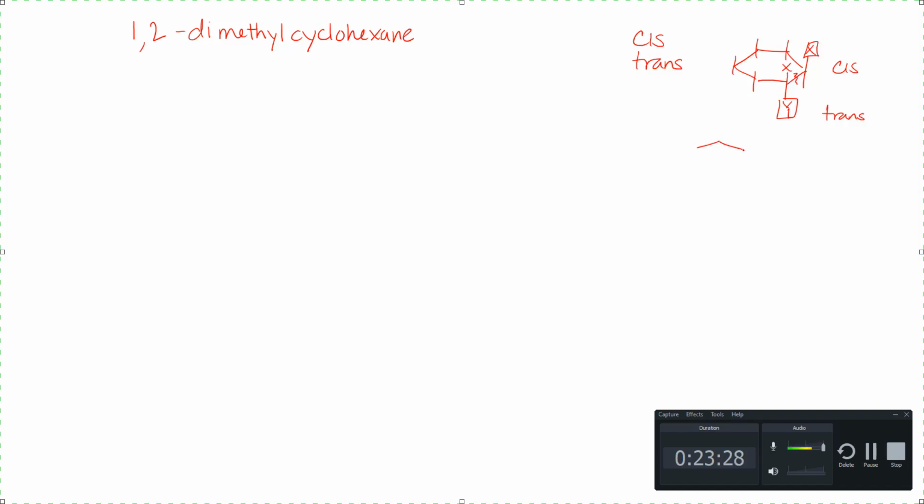Okay? So now that we have cis or trans, let me throw out one other thing. How would I represent that using bold and dashed wedges? When I have 2 groups that are both on bold wedges, or 2 groups that are both on dashed wedges, those are cis. That indicates that both of the groups are on the same side of the ring.